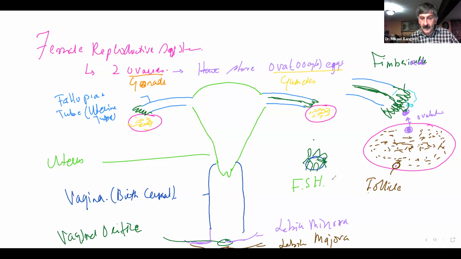So the FSH is going to act upon a follicle, which is this body in the ovaries that stores the ova. That's going to stimulate the follicle and lead to ovulation.